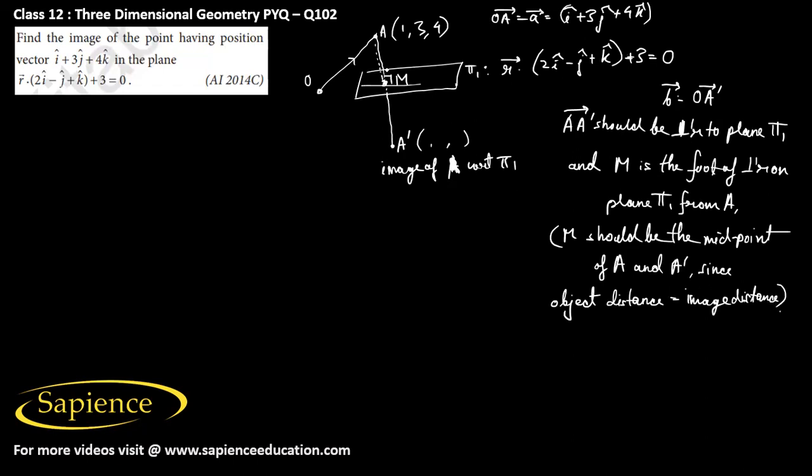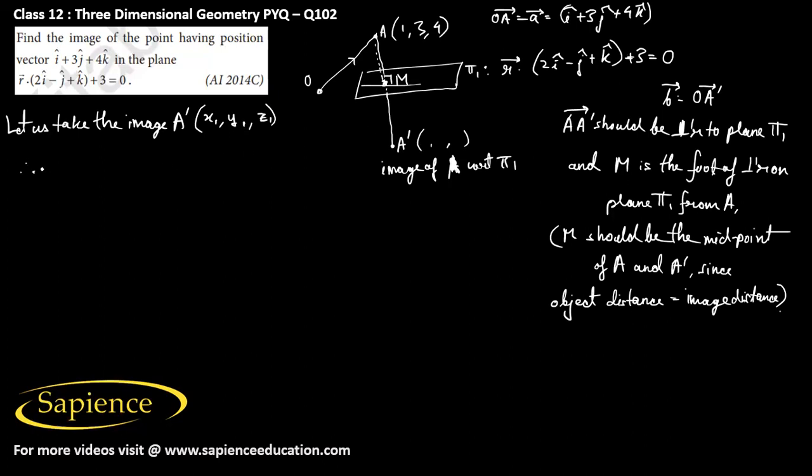So it means the point which lies on the plane and which connects the object and the image should be the midpoint of A and A dash. So now let us take the image A dash as, suppose, x1, y1, z1, so that we need to find actually.